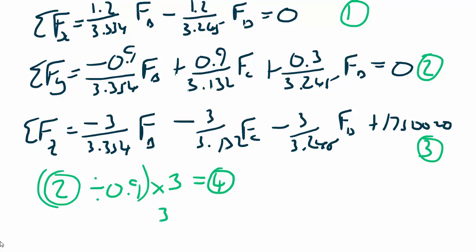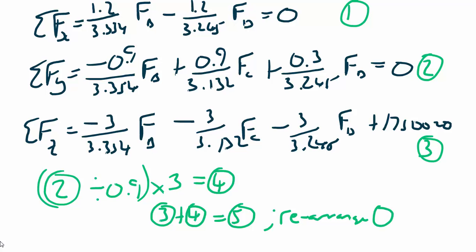I'm then going to add equation 3 and equation 4, and I'll call that equation 5. I can also rearrange equation 1. So I'm now going to need 5 and 1.